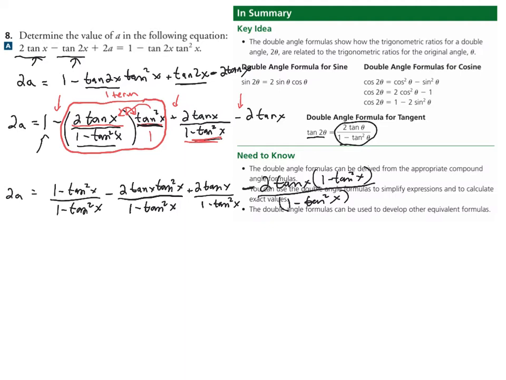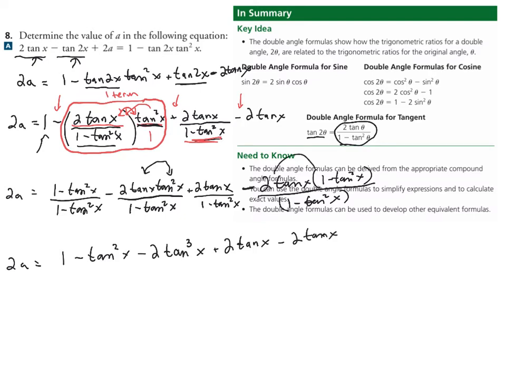All right, it's looking pretty complicated. 2a equals, so you got 1 minus tan squared x minus 2 tan, oh, this is tan x times tan squared x. That looks like tan cubed x plus 2 tan x right there minus 2 tan x.